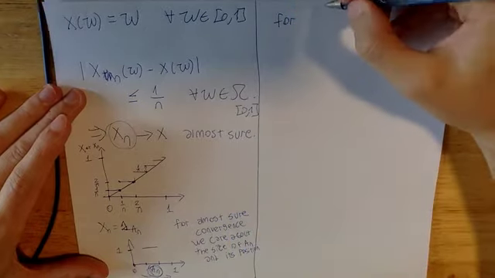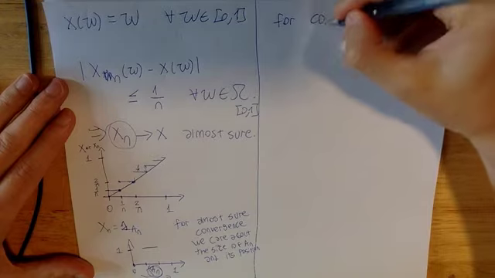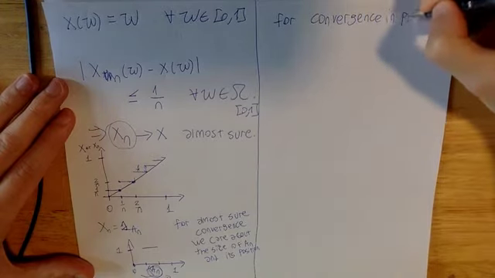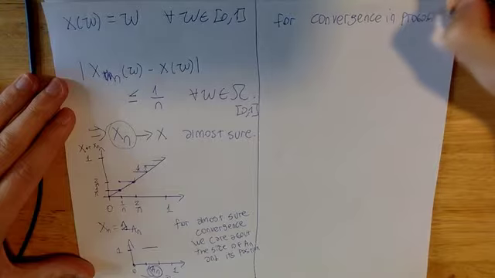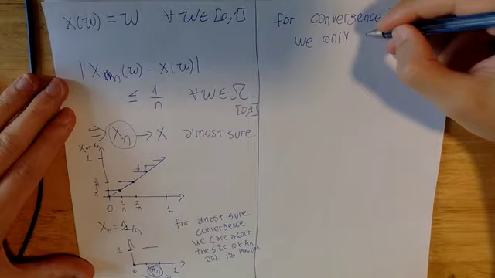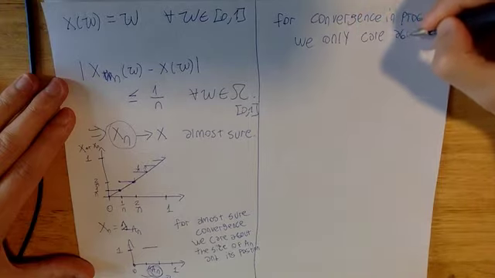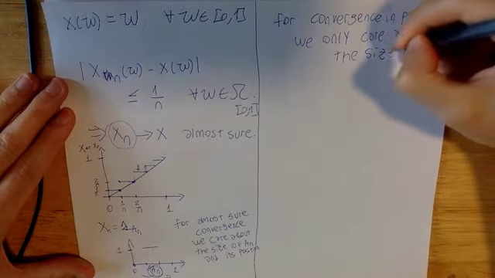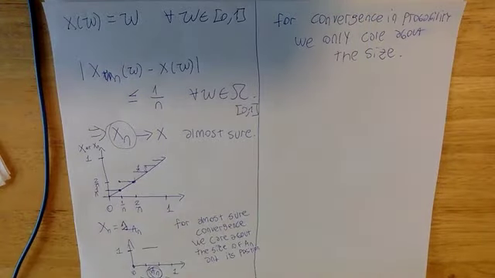For convergence in probability, we only care about the size. Okay, so that's a bit of the difference between convergence in probability and convergence in distribution.